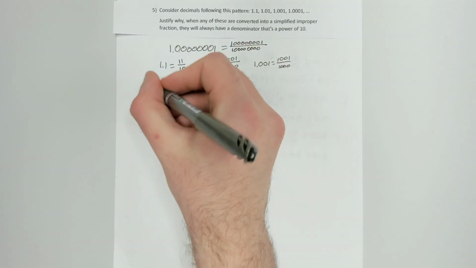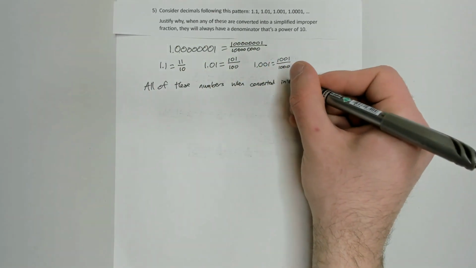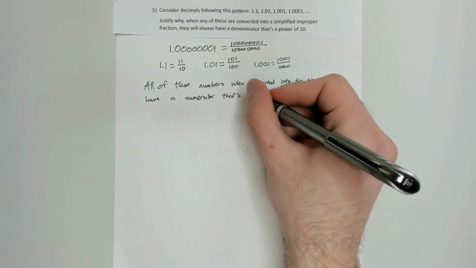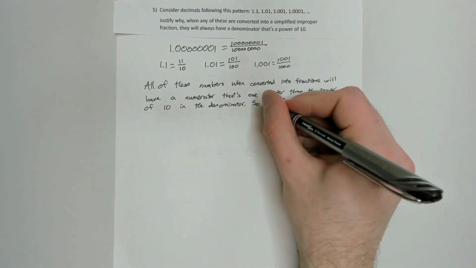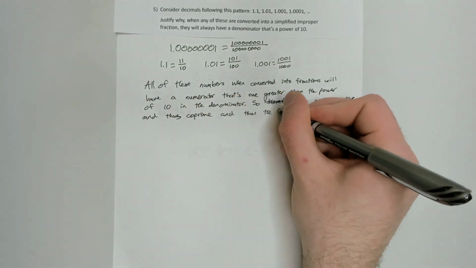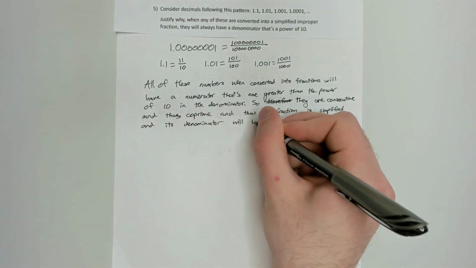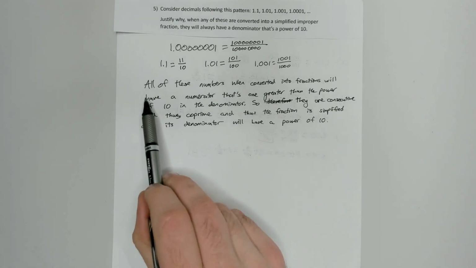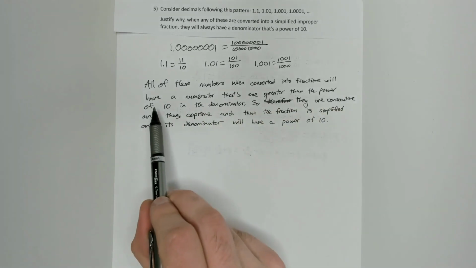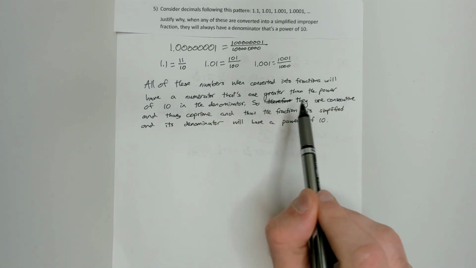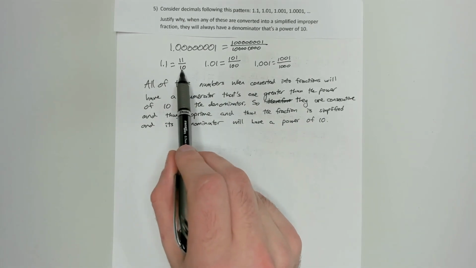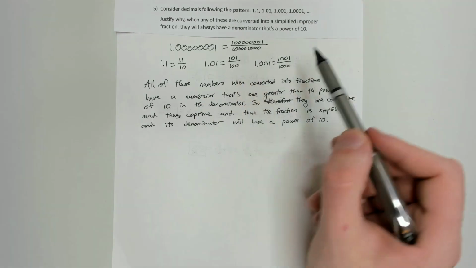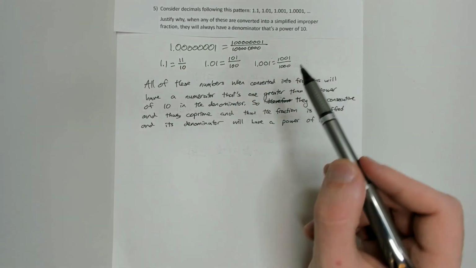So to write out what we're saying here, all of these numbers, when converted into fractions, will have a numerator that's 1 greater than the power of 10 in the denominator, right? 11 is 1 greater than 10, 101 is 1 greater than 100, 1001 is 1 greater than 1000.